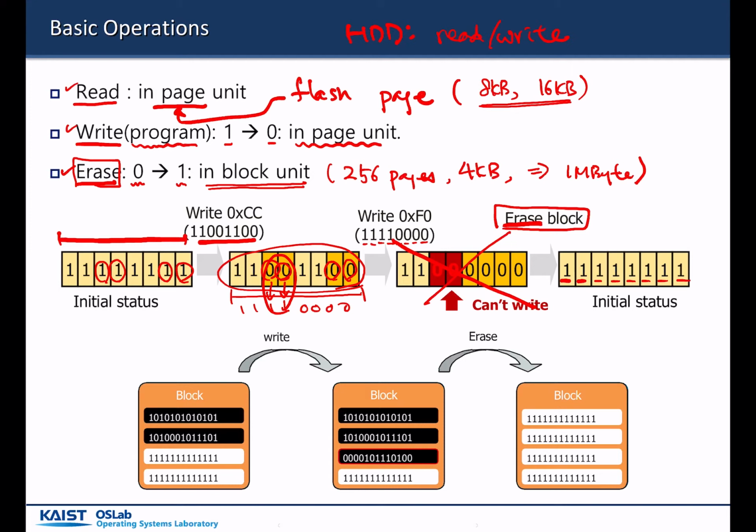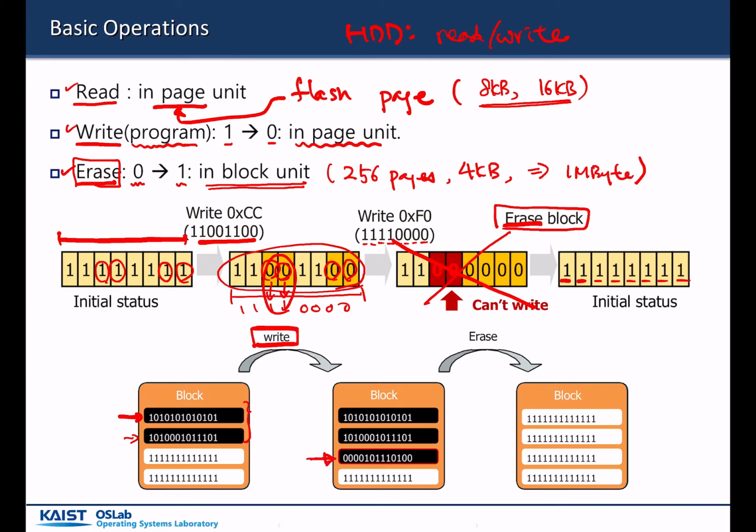This is another example of writing a block. For example, here we'll write 2 pages, page 1 and page 2. When you perform write, you cannot overwrite the existing pages, and you have to write in an append-only manner. So here you've written 2 pages. When you write another page, you have to write to the flash page that has not been written before.